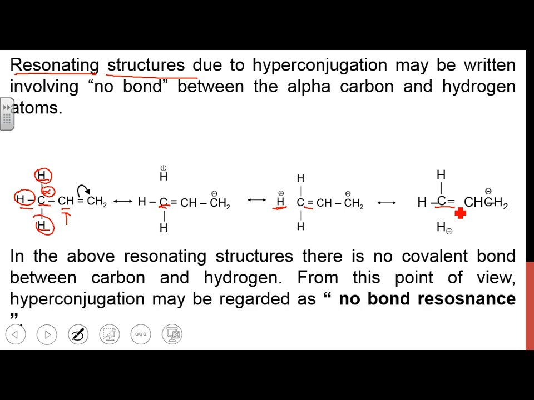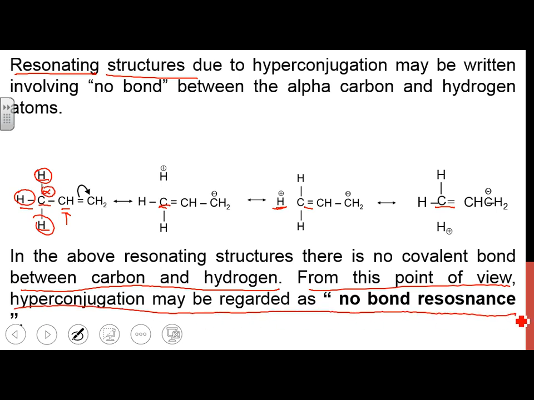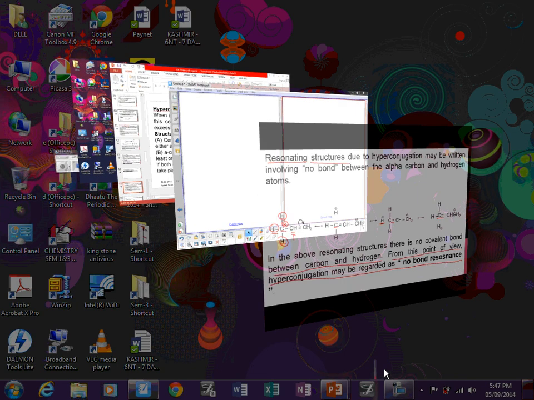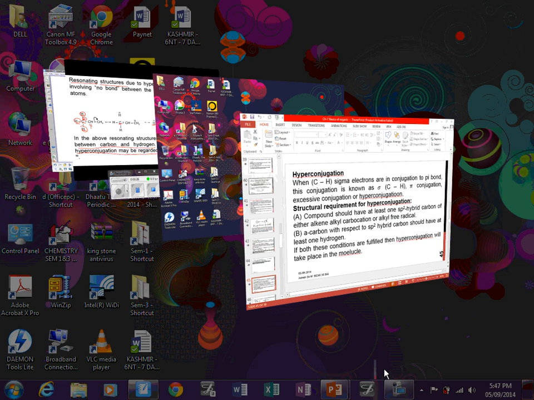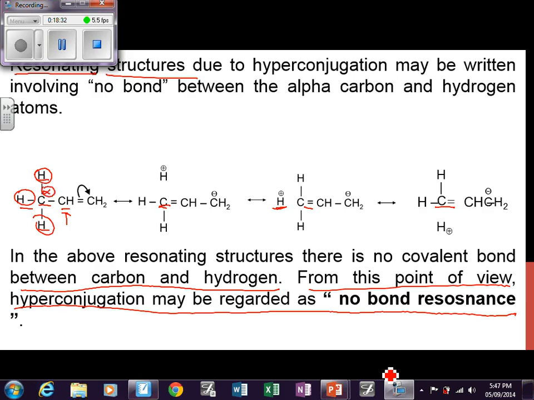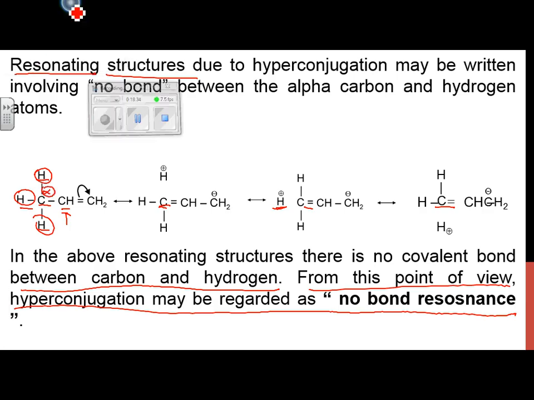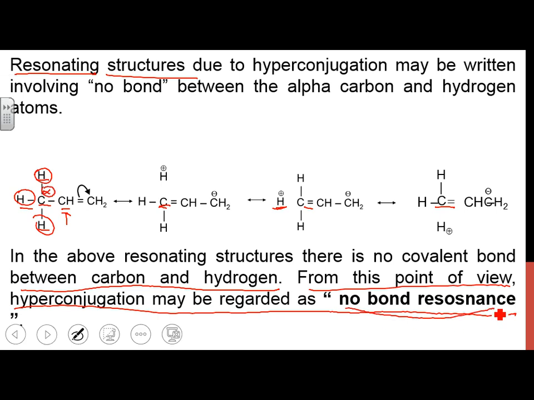In the above resonance structure, there is no covalent bond between carbon and hydrogen. From this point of view, hyperconjugation may be regarded as no bond resonance. Is that understood? So this is hyperconjugation where no bond resonance takes place.